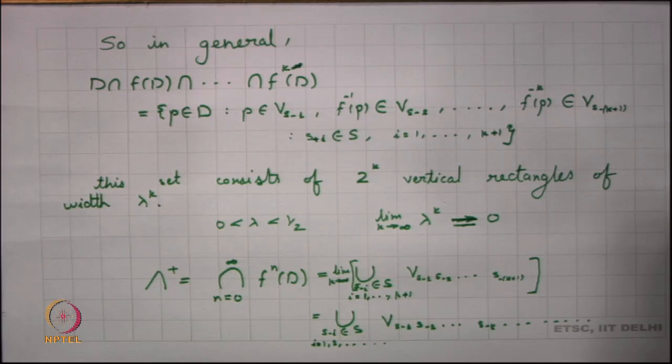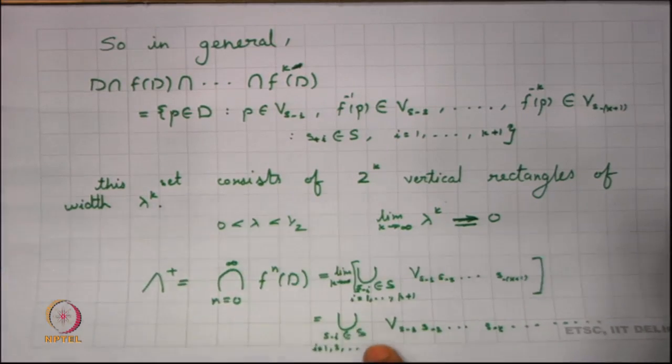So, lambda plus consists of infinite vertical lines, and each vertical line is labeled by a sequence of zeros and ones.